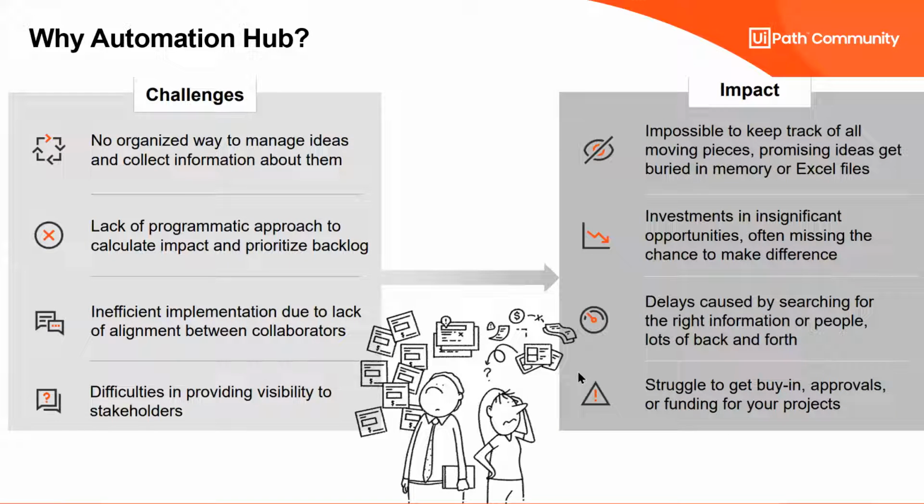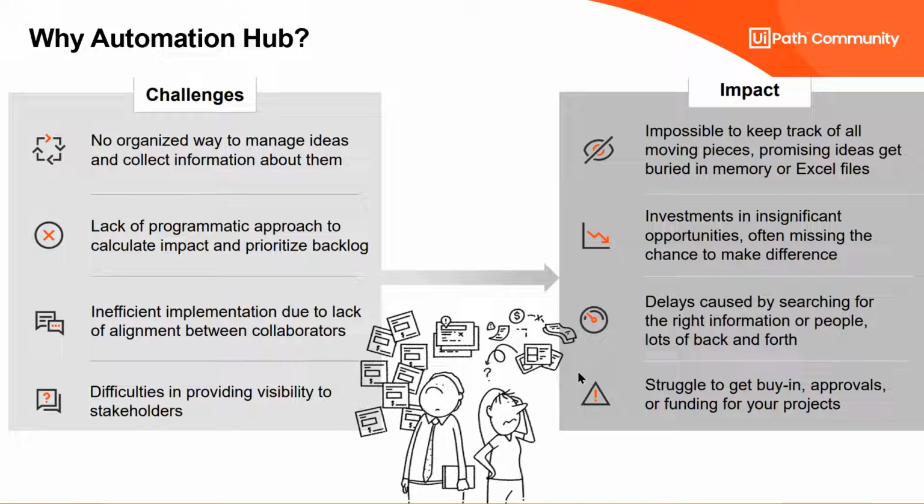Right. So we cannot prioritize if you are using Excel or the folder. But if you are using automation hub, then we can easily prioritize, and we know what automation we can do first, right? At times there is not much visibility to the entire organization.